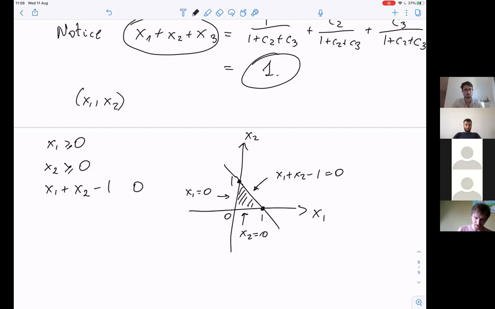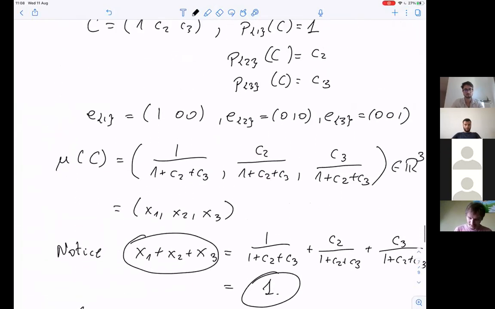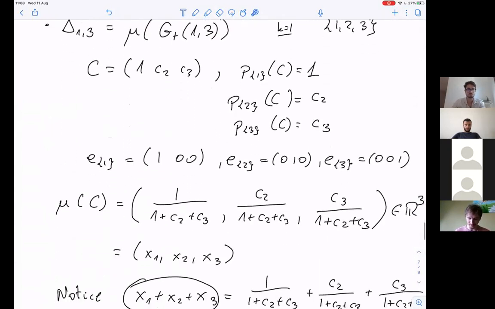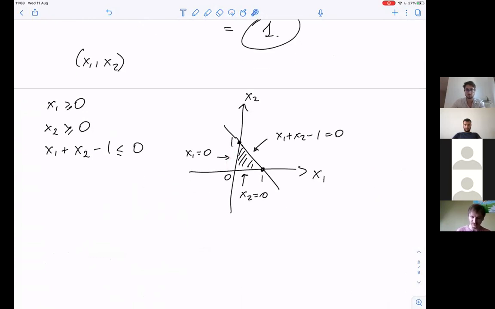Sorry, it should be minus 1, so negative. Okay, so you can see that. What happens is that you started with a positive Grassmannian here, and then you use this moment map. You got the image, and the image is just a triangle. So just to say that the delta 1,3 is a triangle, this very particular triangle here.